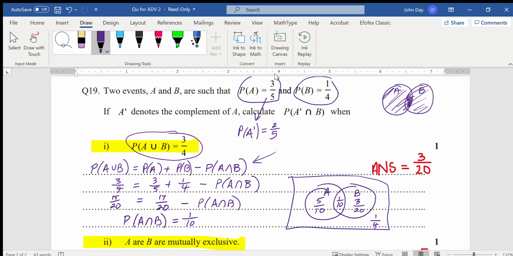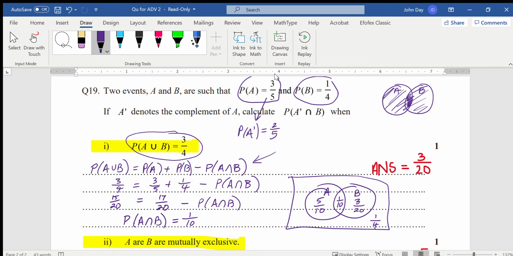So that way, I know the probability of not A is 2/5, but now I can do the probability of not A intersection with B just by looking at my diagram.